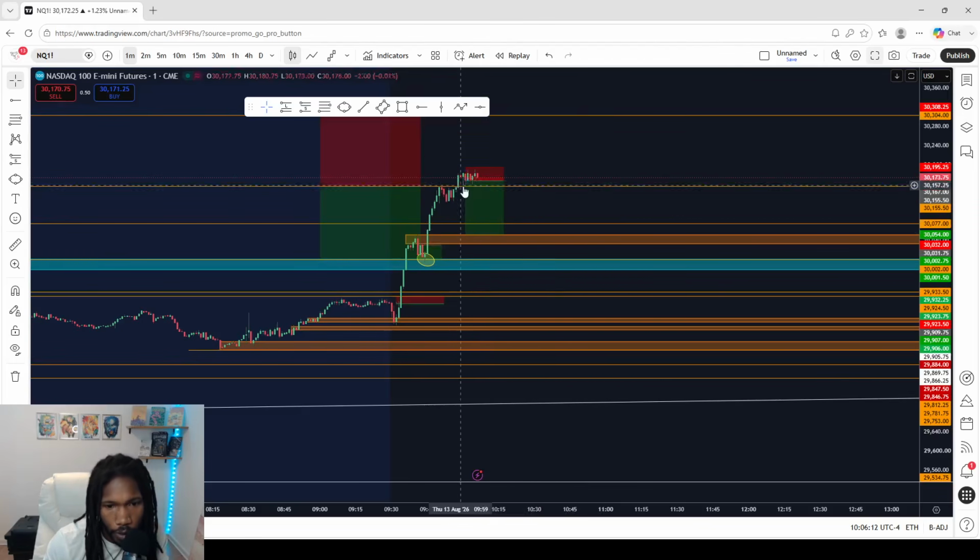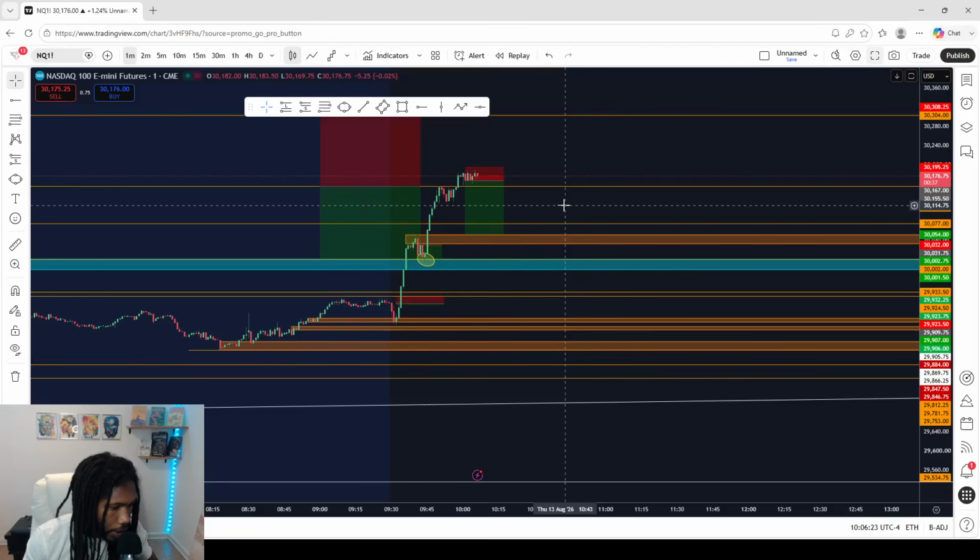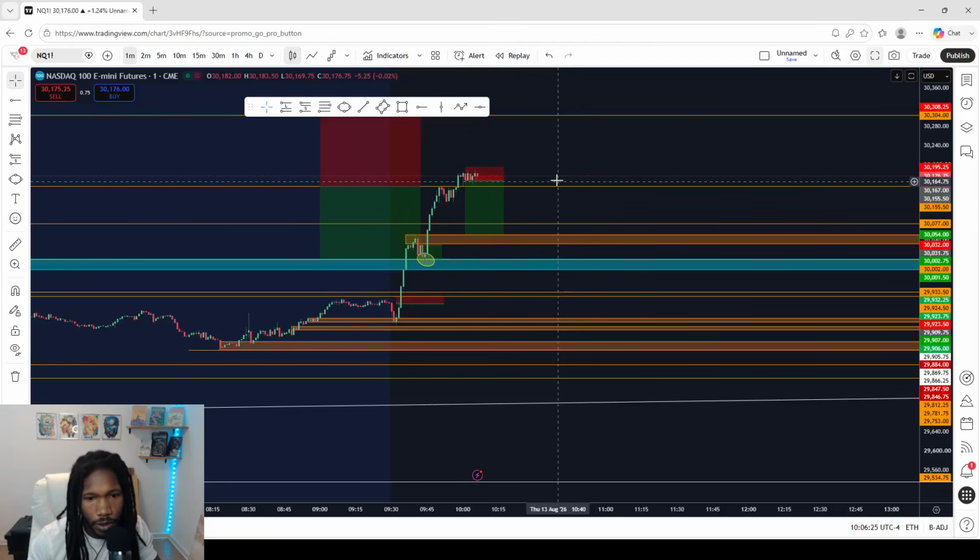But I'm looking for a break of this level. We need a break below and a continuation down. We definitely need price to break 15960 for sure. 15960 is the main level for us to break below.